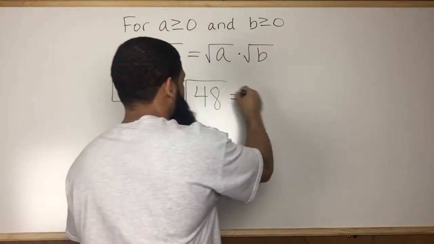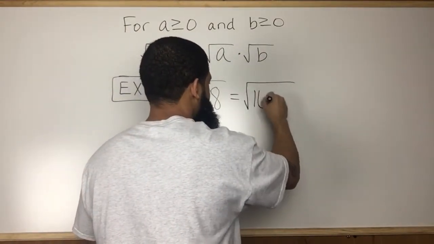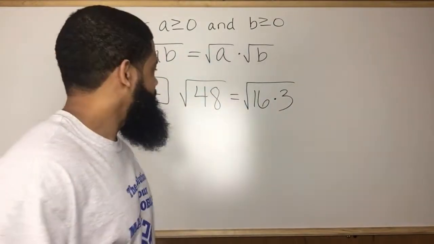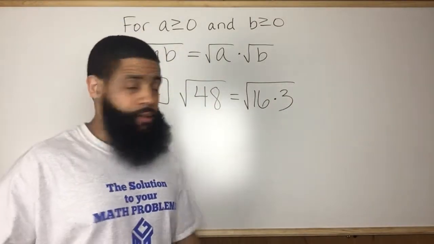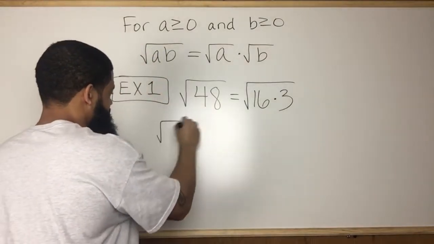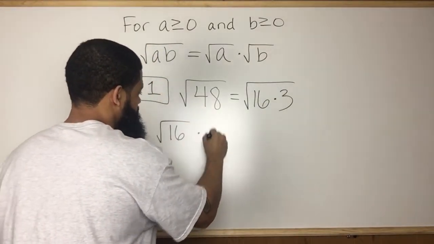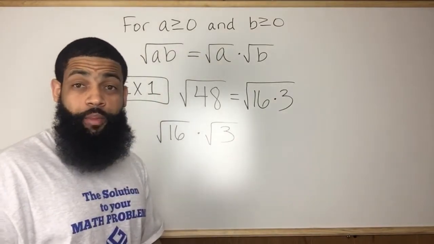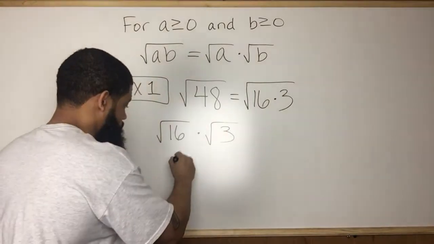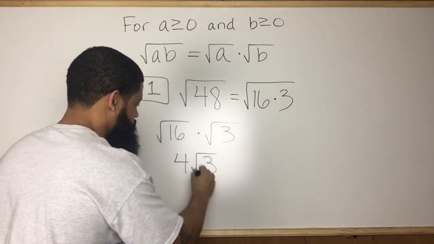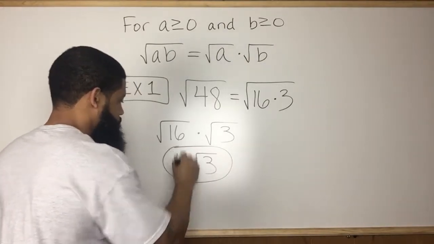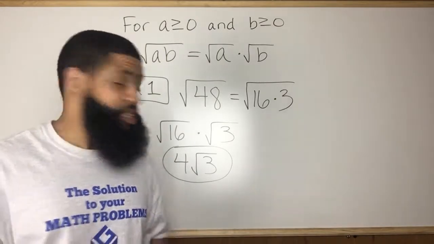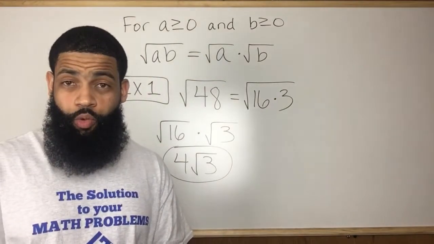So, the square root of 16 times 3 is equal to 48. So now I can take this and I can say the square root of 16 times the square root of 3. And now since 16 is a perfect square number, the square root of 16 is just 4. And then I just keep the square root of 3 under my radical. And that's the square root of 48 in simplest form: 4 times the square root of 3.